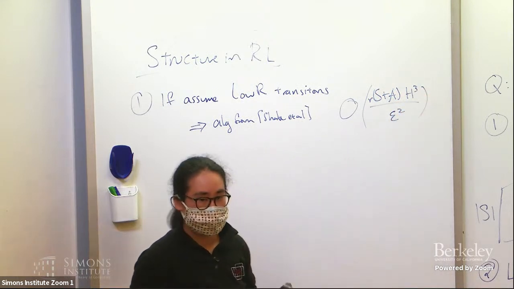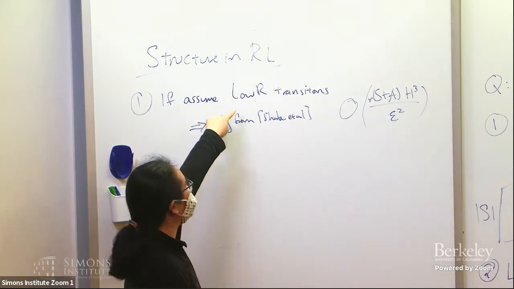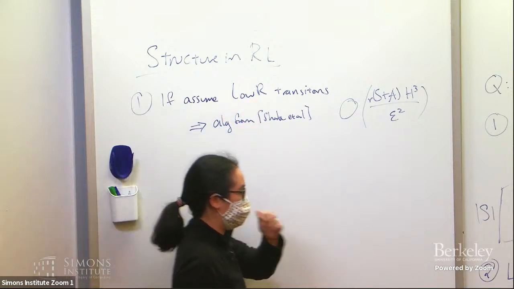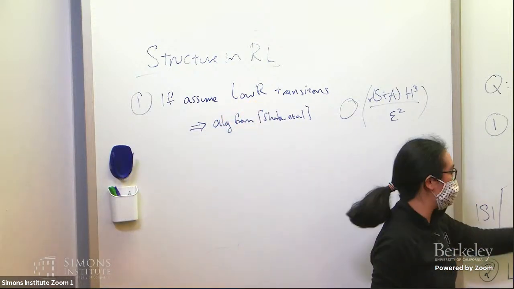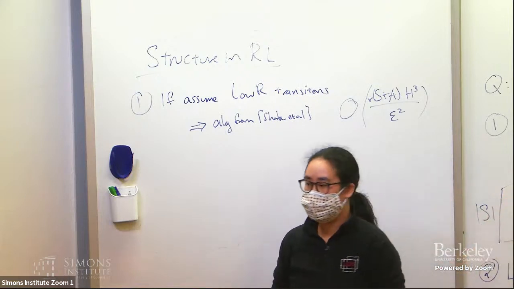So this distinction of imposing low rank on the transition tensor, not just Q star, is important.